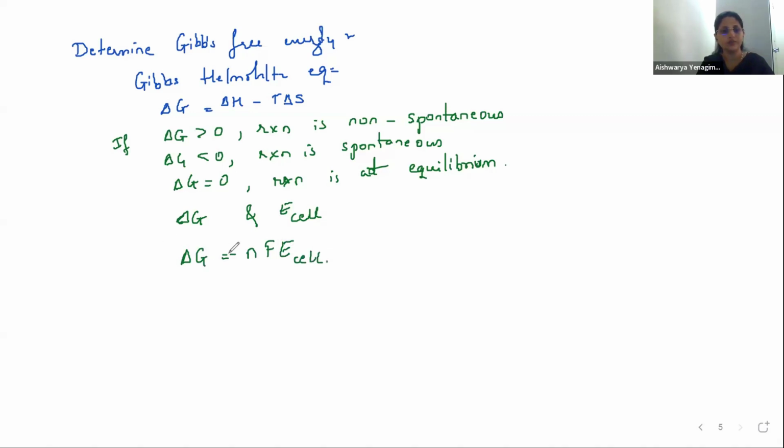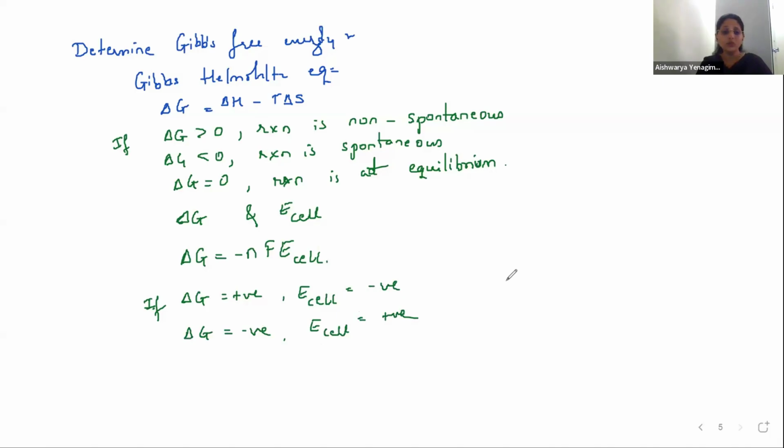Looking at the equation, you will understand what I want to convey. Delta G is equal to minus nF E cell. What conclusion do we draw? If delta G is positive, then E cell will be negative. If delta G is negative, the negatives cancel, and E cell will be positive. So this is the conclusion.